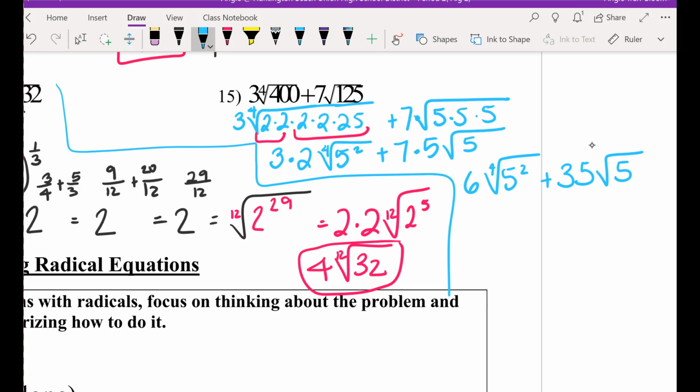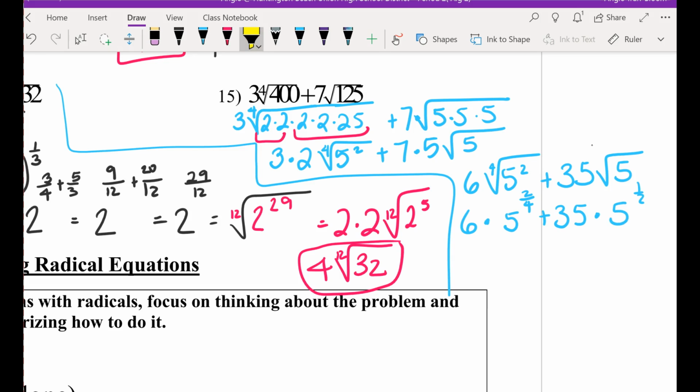I'm going to rewrite it as a rational exponent. 6 times, what is your denominator of 5 squared? 4. So 5 raised to what? To the 4th? Oh man. Do you see something's happening? Plus 35 times what? 5 to the half.